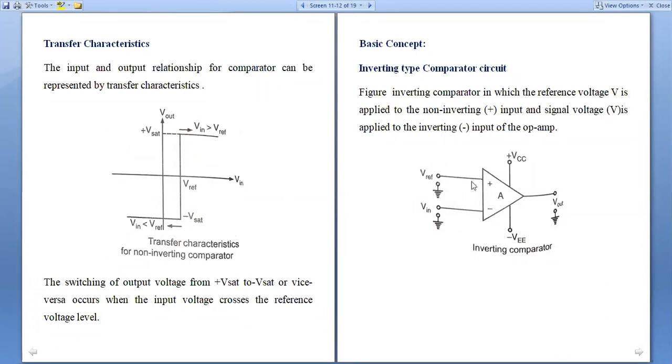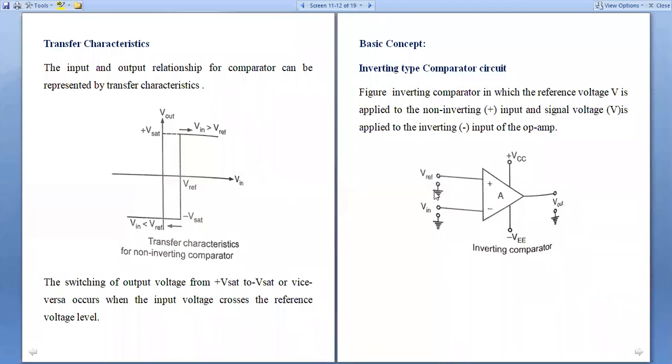If we see the circuit configuration, it is an operational amplifier with 2 input terminals and 2 bias points of plus VCC and minus VEE, and the output voltage is V out. So if we see the behavior of input voltage and reference voltage, it is an inverting type comparator: the input voltage is connected to the negative terminal, the inverting terminal, and the reference voltage is connected to the positive terminal.